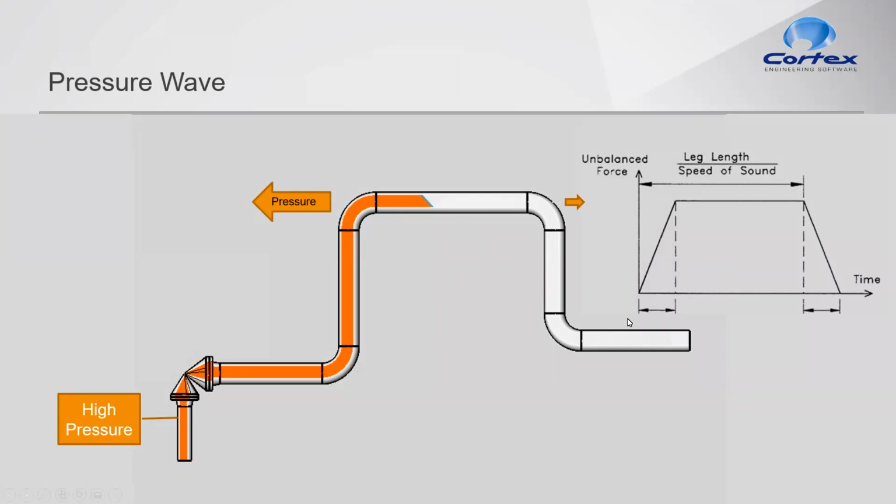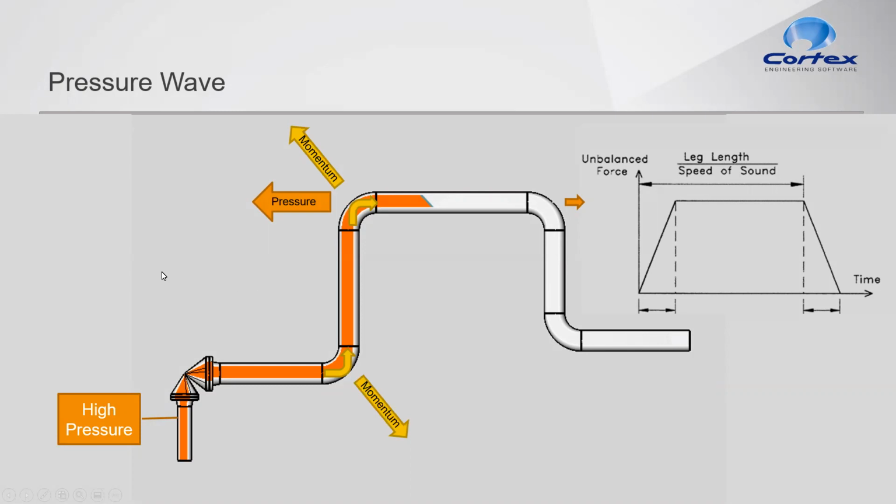That force applies for a length of time that's the length of the leg divided by the speed of the pulse, which is usually the speed of sound. We also have other forces involved, like the change of momentum as the fluid goes around the bend. Sometimes these are difficult to handle. The pressure wave is quite transient, but the momentum forces can stay for quite a long time.